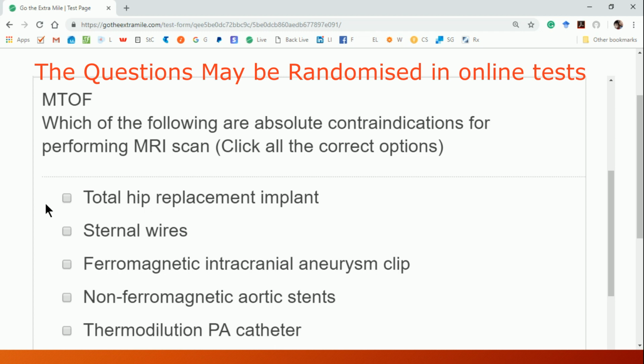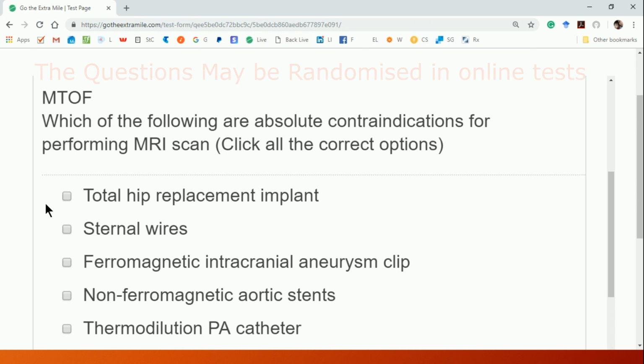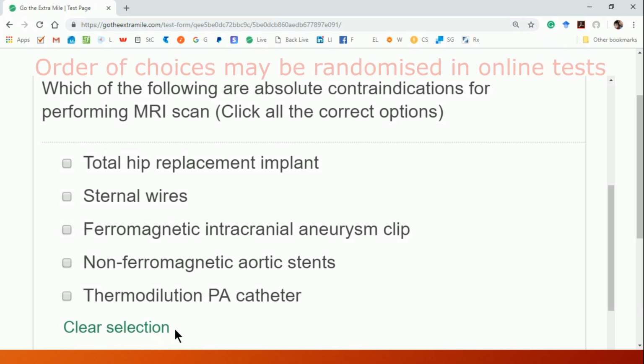Be aware that in many modern day online testing websites, the order of the questions is changed every time a test is attempted, and the order of the choices may be randomized as well, which means that you cannot rely on a subconscious bias on part of the examiner or the person writing the questions.